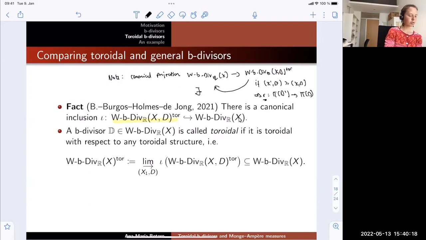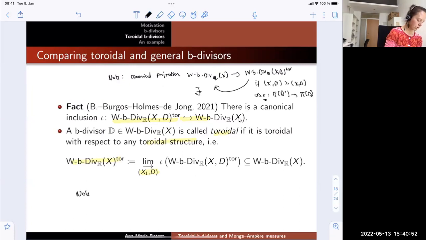So we have an inclusion from here to here, and then we can say that a b-divisor is toroidal if it is toroidal with respect to some toroidal structure. We can really define the set of toroidal b-divisors as the direct limit of toroidal b-divisors with respect to this order, given by one structure being above the other one. Maybe here I also make a remark.